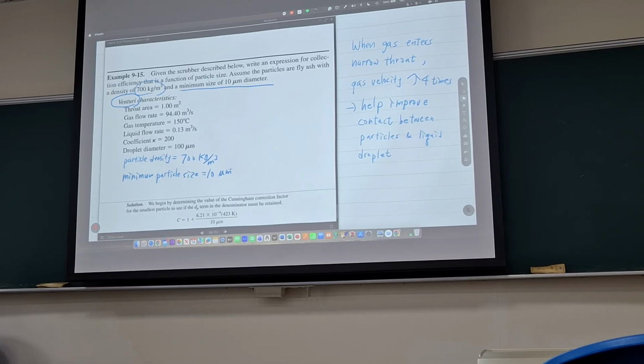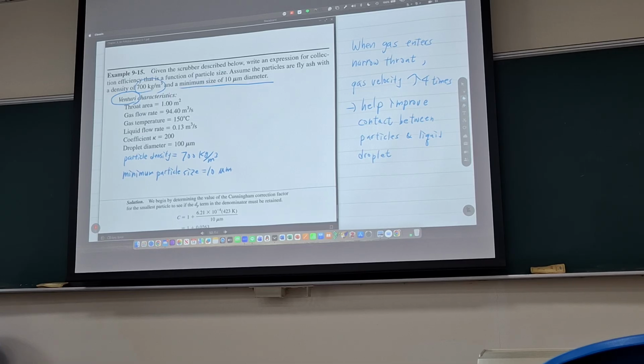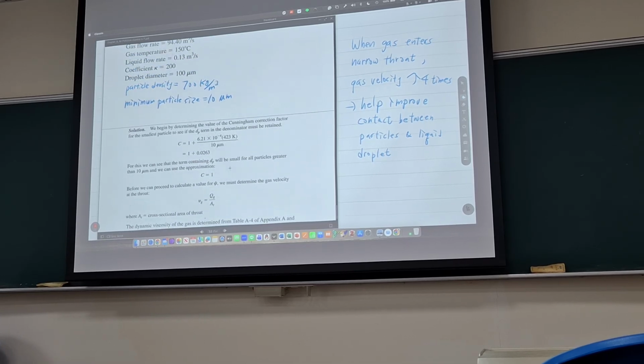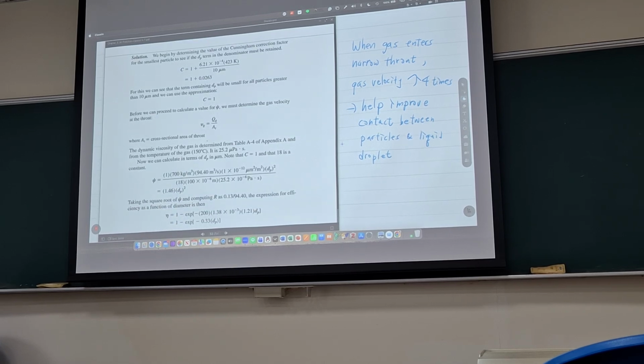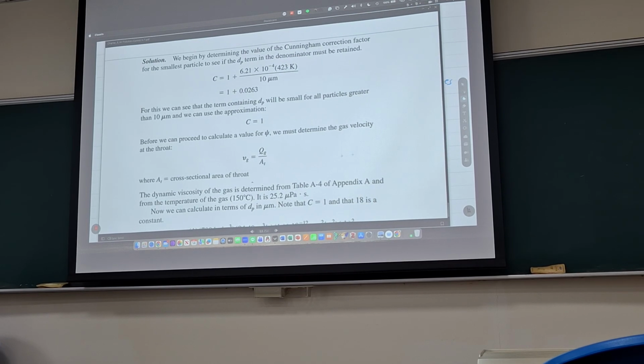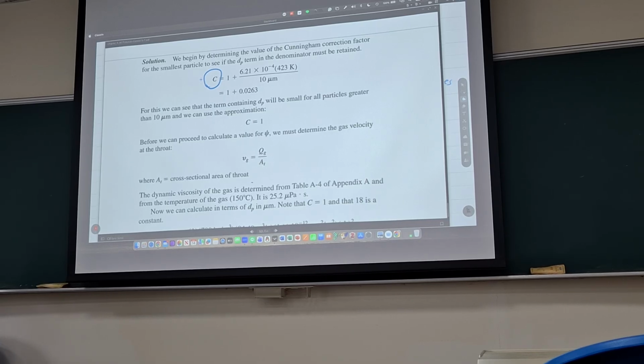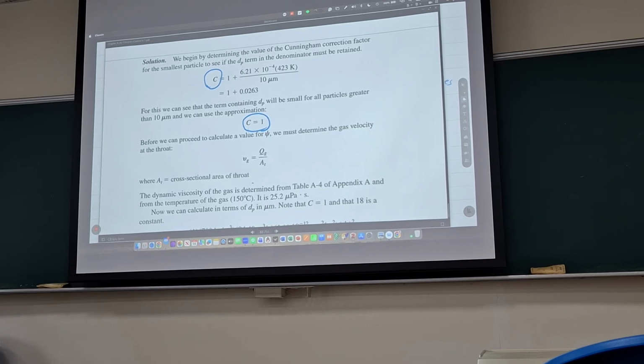First of all, let me enlarge this. For doing this question, first check C, because I want to see whether C is close to 1 or larger than 1. After calculation, C equals 1, close to 1.